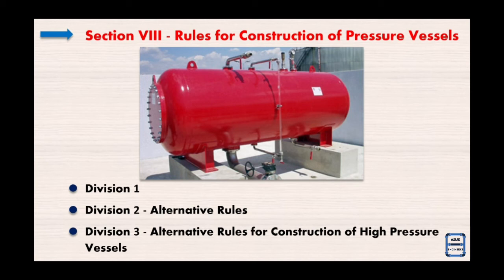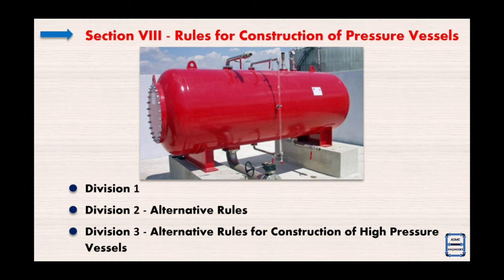Division 2 is alternative rules, which cover mandatory requirements, specific prohibitions and non-mandatory guidance for design, fabrication and so on. Here the pressure vessel has internal or external pressure which exceeds 3000 psi but is less than 10,000 psi.